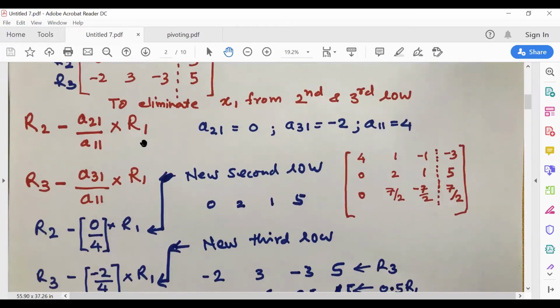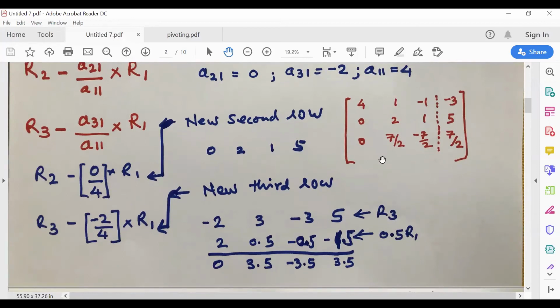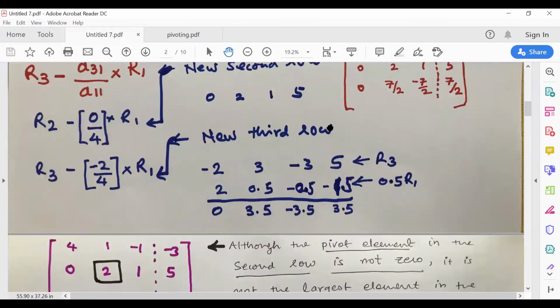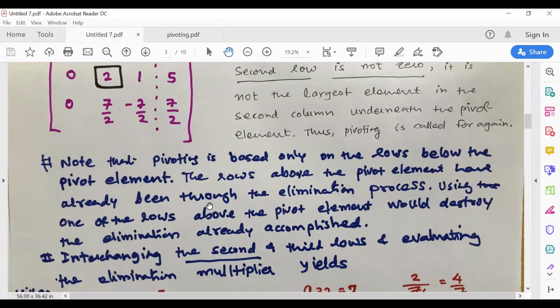There are 2 different operations you can see here, but you can consider them as one because you are eliminating column wise. If it is n by n, then column wise, that's why n-1 elimination procedures are required. So if 4 by 4 is there, how many eliminations? 3 times we need to do. Yes.